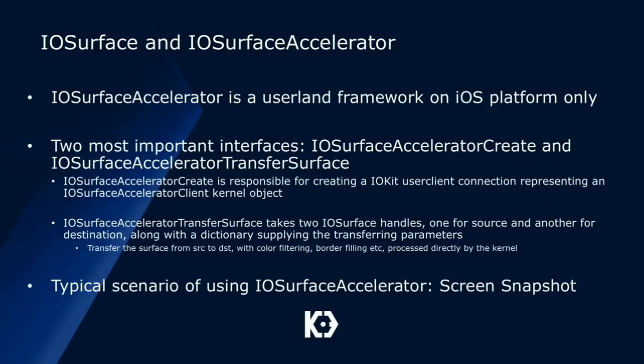The first is responsible for creating an IOKit user client connection, representing an IOSurfaceAccelerator client kernel object. The second interface takes two IOSurface handles, one for the source IOSurface and the other for the destination, and does the transform.